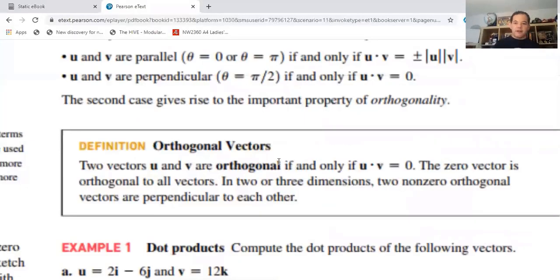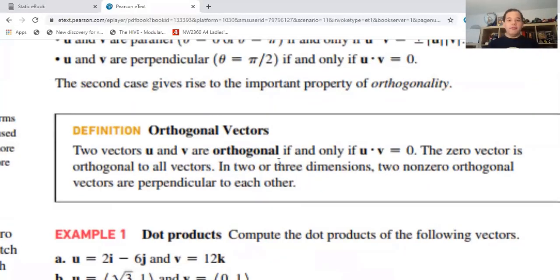This one right here. So when 2 vectors have a dot product of 0, we say that they are orthogonal. That's the new word we're learning. So we're saying 2 vectors are orthogonal if their dot product is 0. Okay, and important to know that this means 2 things.